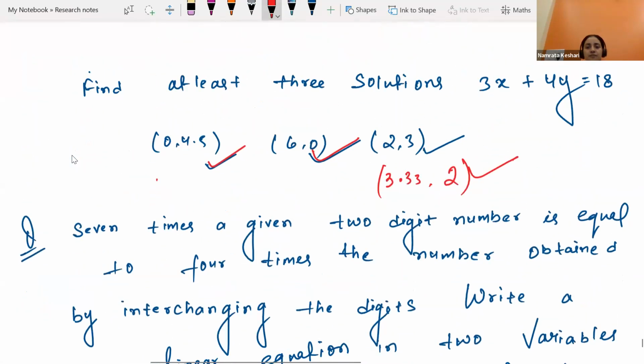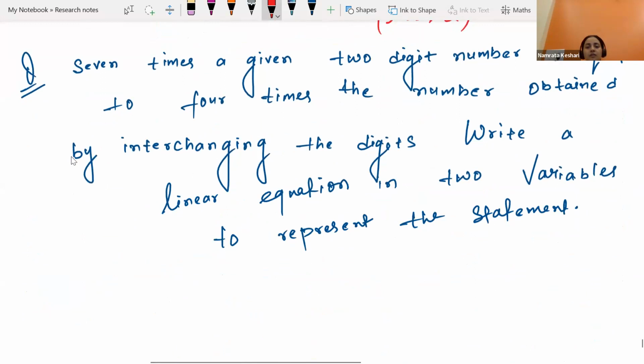Please do it. 3x plus 4y is equal to 18 here. Ma'am, interchanging means changing their places.